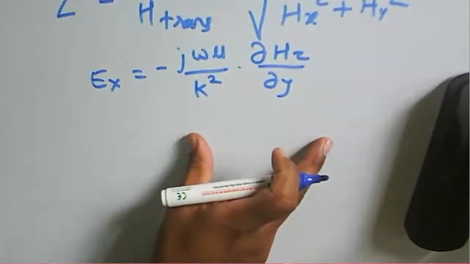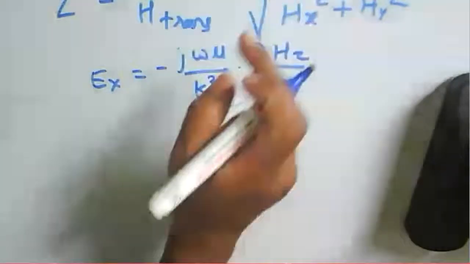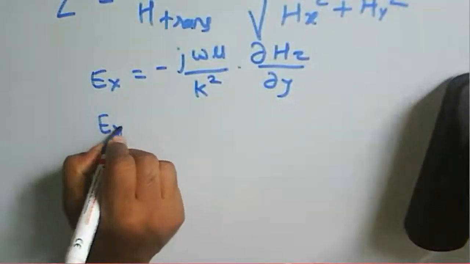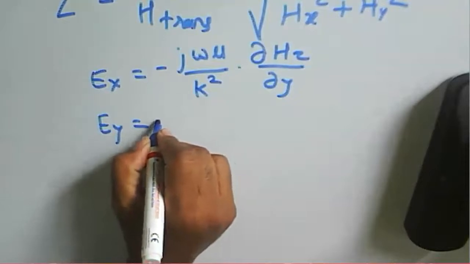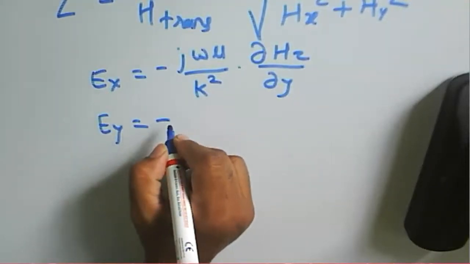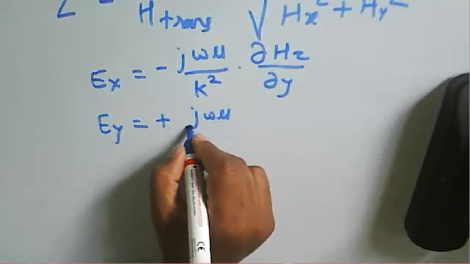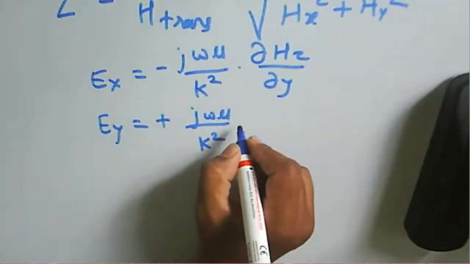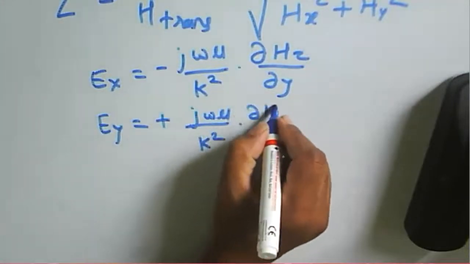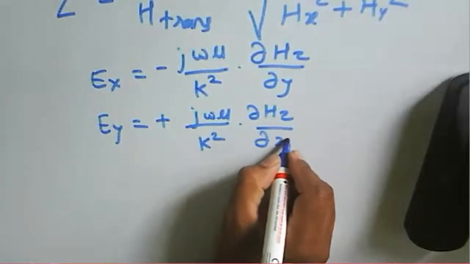That is your Ex component. Then Ey is plus j omega mu by k square into dou Hz by dou x.